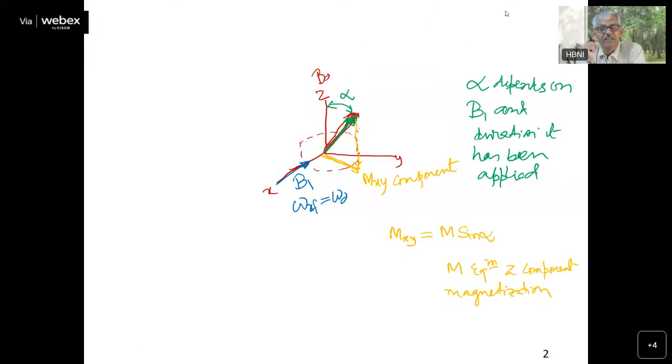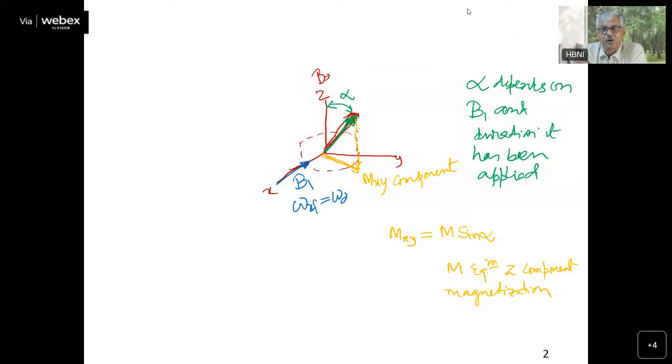So we are applying a rotating radio frequency magnetic field B1 along the x-axis, and the frequency omega RF is equal to omega 0, that is nothing but the precessional frequency. Under such conditions, all the spins undergo phase coherence, and the magnetization now gets tilted and shows its MXY component, which you can detect.